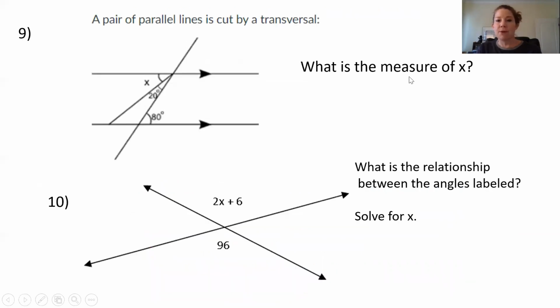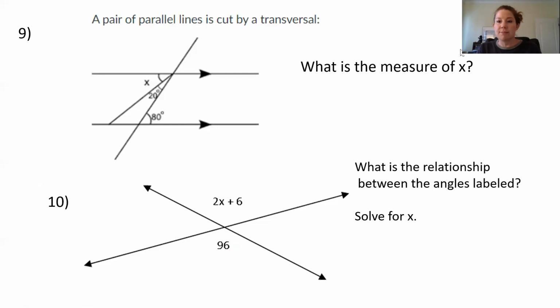All right, let's look at number 9. So a pair of parallel lines is cut by a transversal. What is the measure of X? So the first thing I wanted to do is identify what's the relationship between this angle together. If those were one angle, what would that angle and this angle have in common? First of all, they're alternate interior angles. We had another one of those, didn't we?